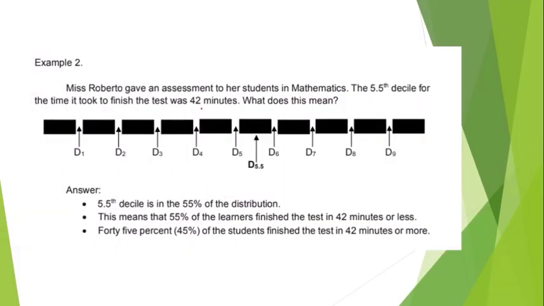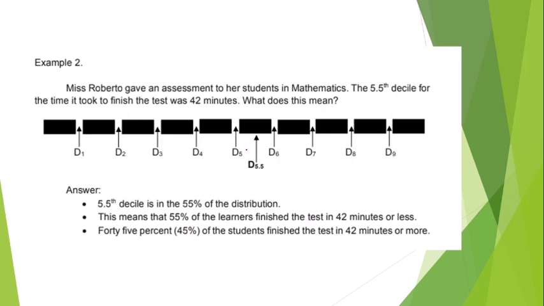Next, example 2. Miss Roberto gave an assessment to her students in mathematics. The 5.5 decile for the time it took to finish the test was 42 minutes. What does it mean?